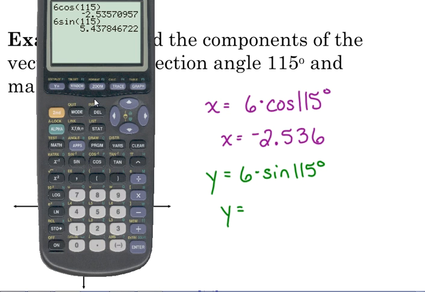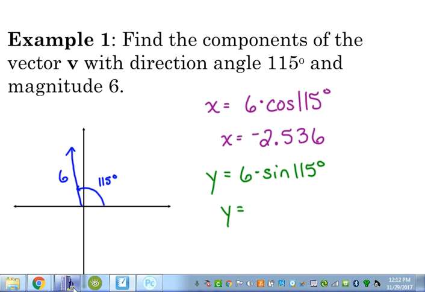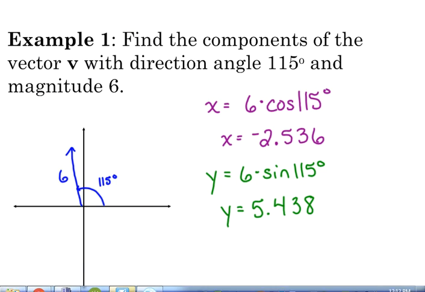Look at the angle. It's a steep angle. It's pretty close to 90 degrees. So you got more vertically than you do horizontally. You're closer to vertical than you are to horizontal. So yes, the y coordinate is bigger, and it is positive. Okay, 5.438.